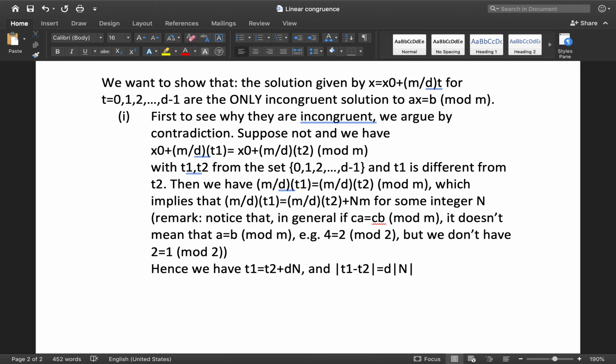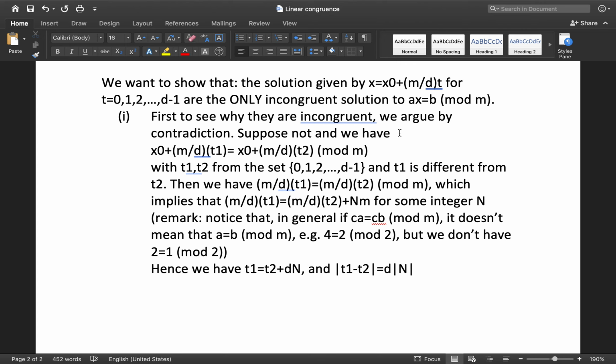Now remember d is the GCD, so d must be positive. T1 and T2 are non-negative because they are from that set. But when you take the difference, we don't know. The difference can be zero, can even be negative. But if you take the absolute value, that's another story. The value will be non-negative.